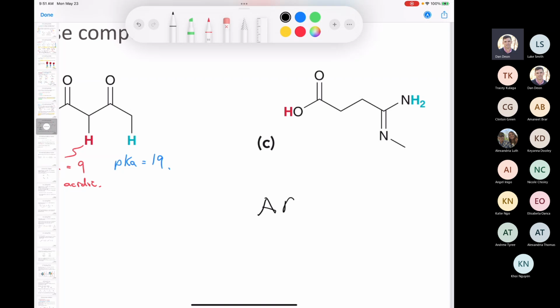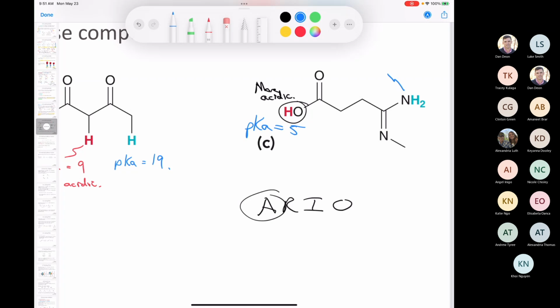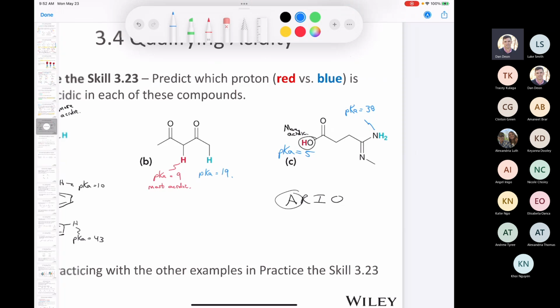We use ARIO. The red one is on an oxygen, whereas this one is on a nitrogen. So this one is going to be more acidic. Could also do the pKa's. The pKa of a carboxylic acid was around 5, and the pKa of an amine was around 38. So either one of those is going to work to solve that problem.